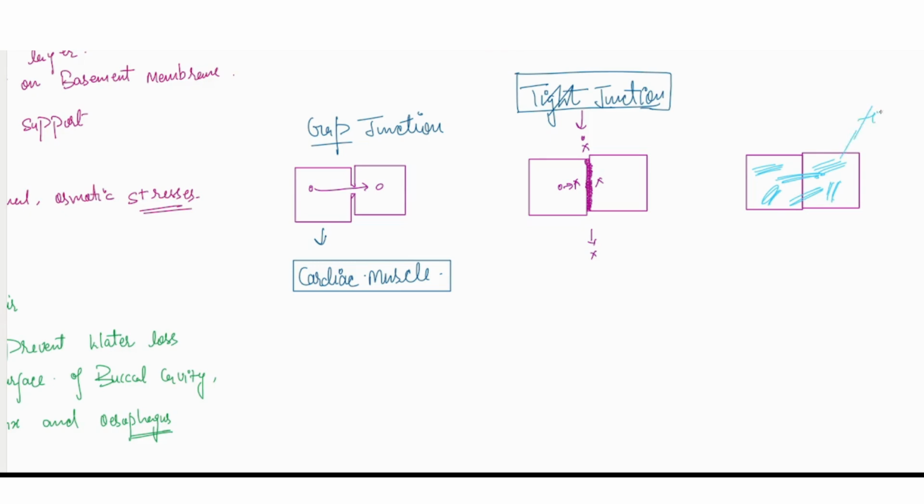These fibers help the transfer of molecules from one cell; via the fibers it will enter into the other cell. So that is known as the desmosomes. These are the desmosomes. These desmosomes are known as the adherent junction. This type of junction is known as the adherent junction.